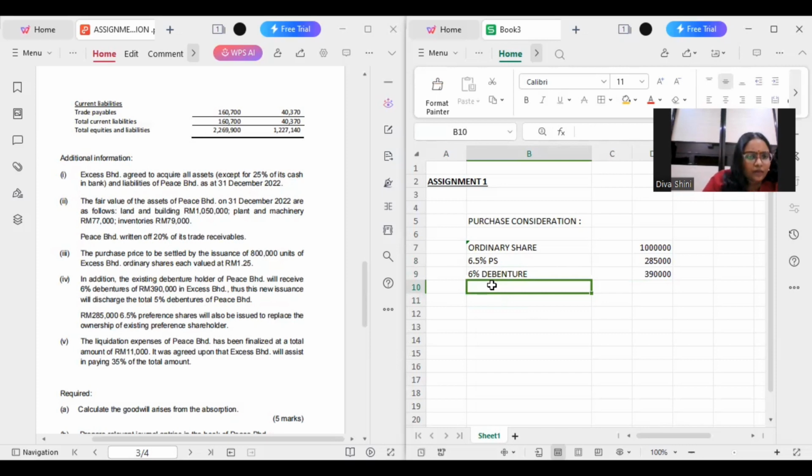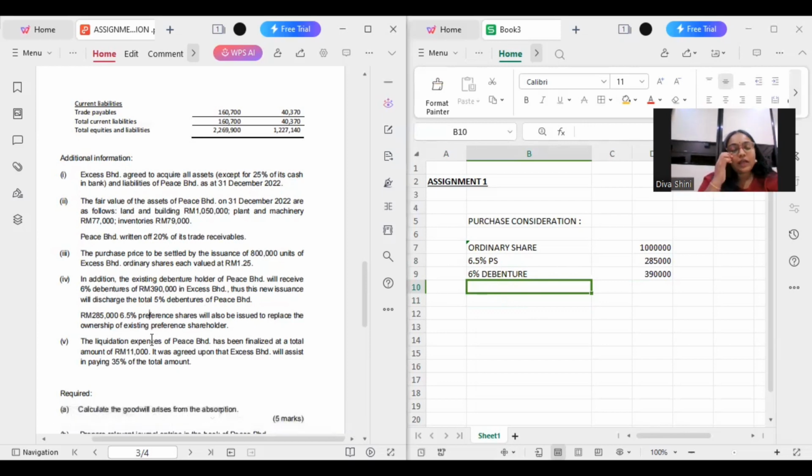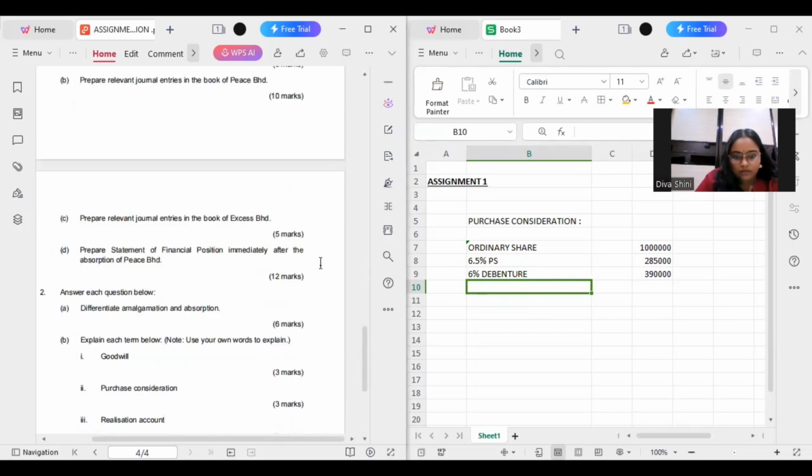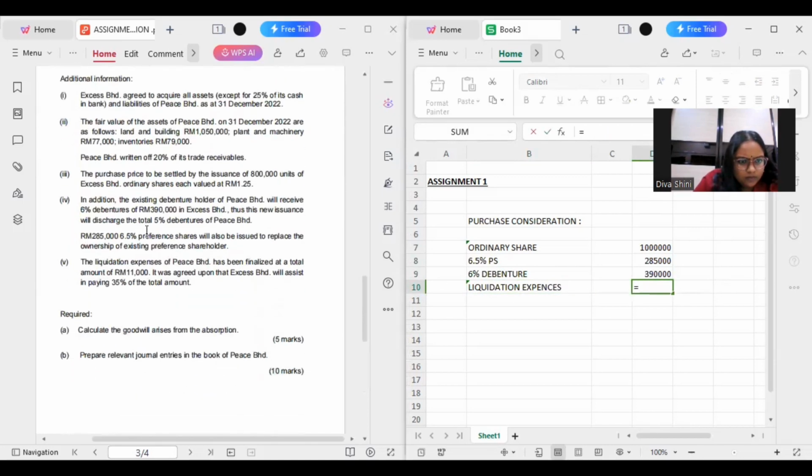Yeah. Now we need to calculate the liquidation expenses. For the liquidation expenses, we need to take the percentage given in the additional information. The calculation will be 11,000 times 35%.